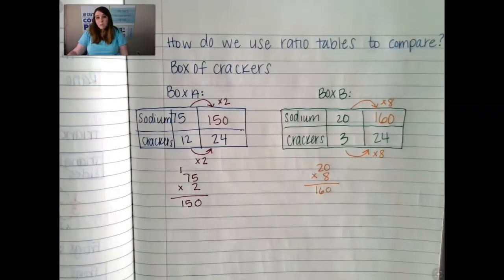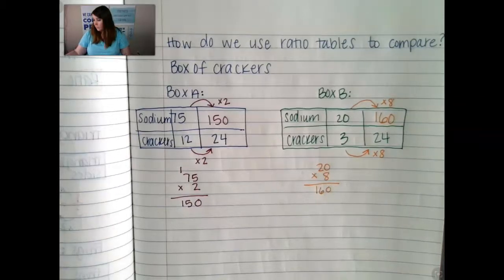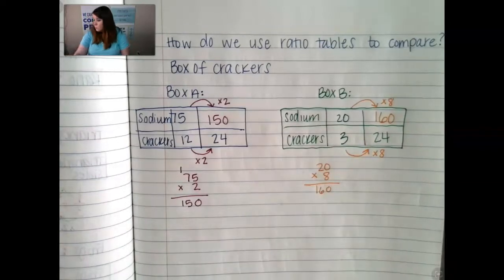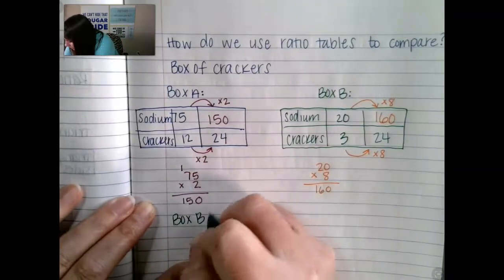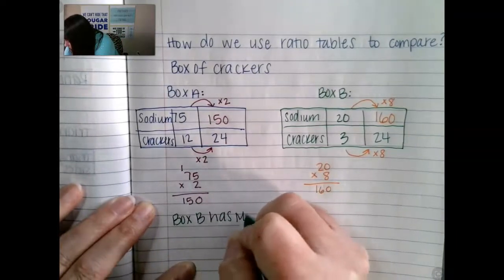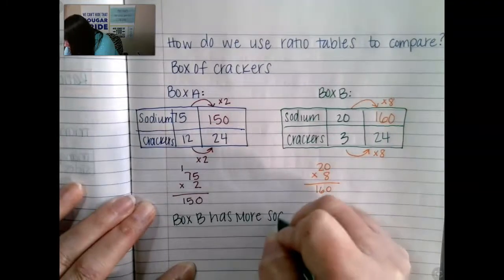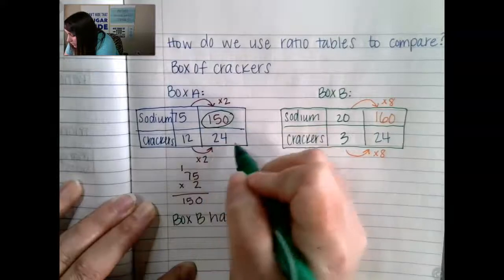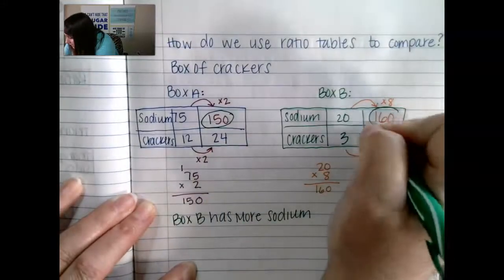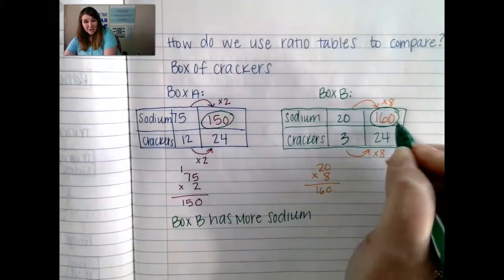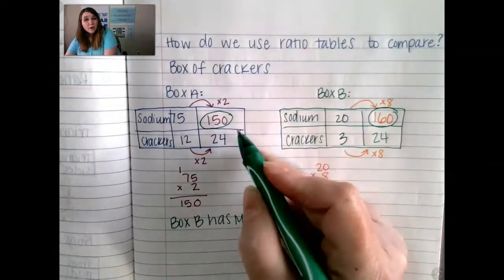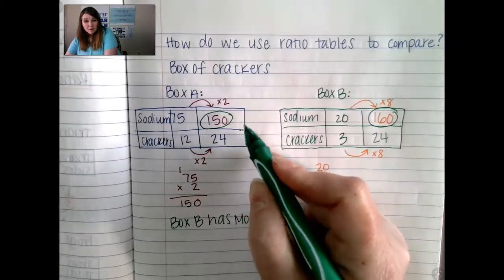So which box of crackers is going to have more sodium overall? It's box B. The reason is that when I look at this number over 24 and this number also over 24, box B has 160 compared to 150 grams of sodium.